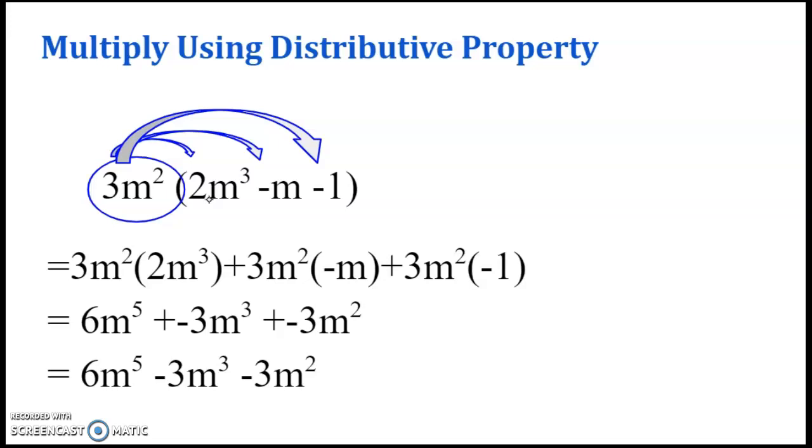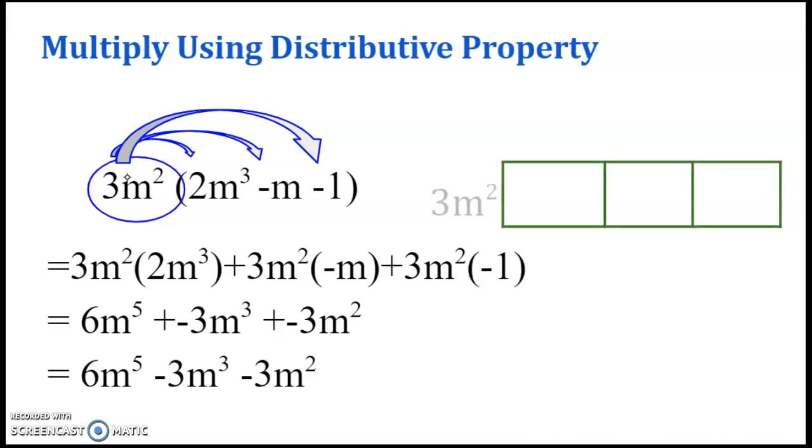And then to that, you're adding 3m squared multiplied by the third term, which is negative 1. When you multiply each of the terms, you get 6m to the power of 5 plus negative 3m cubed plus negative 3m squared. But we don't really need to write this plus negative. We can just rewrite this as minus because adding a negative is the same as subtracting. So it becomes 6m to the power of 5 minus 3m cubed minus 3m squared.